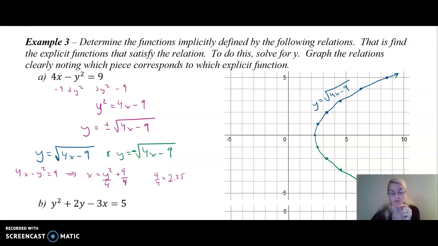Then I'm going to go up 1 and then over 5, only in this case 5/4. And then 7/4 and then 9/4 and continuing on. And that's how I drew that sideways parabola fairly accurately. Come see me if what I just said made no sense to you.